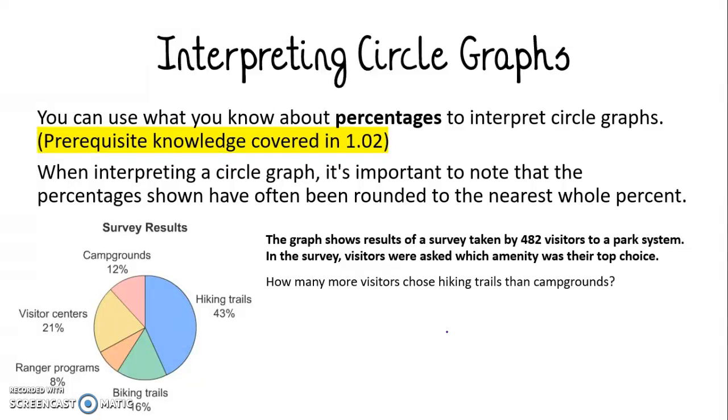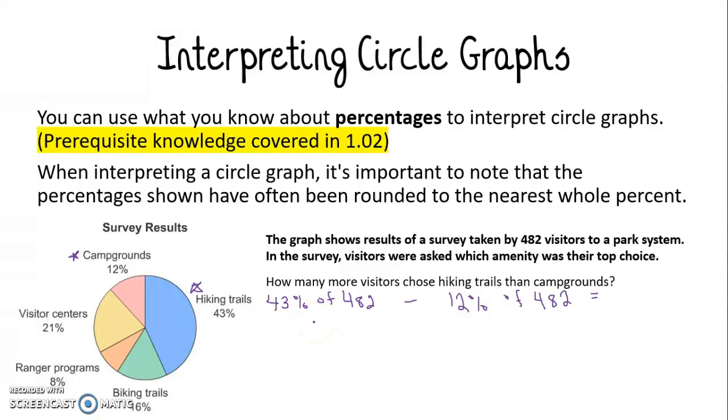How many more visitors chose hiking trails than campgrounds? So now we're comparing hiking trails and campgrounds. There's two different methods to actually completing this problem. You can find 43% of 482, and you can find 12% of 482 and subtract, right, to find the difference.